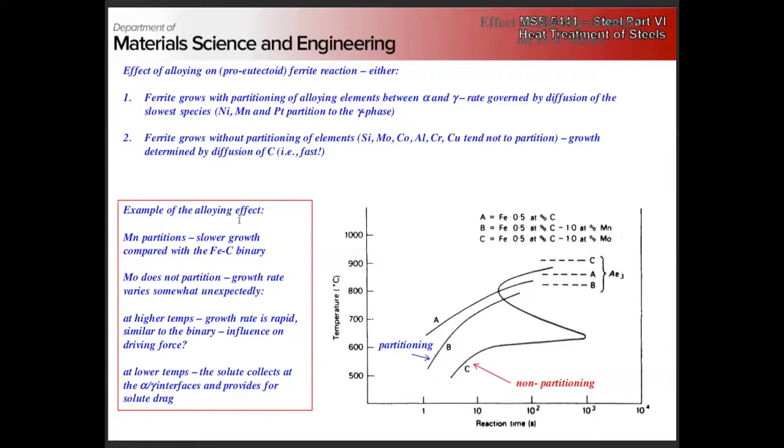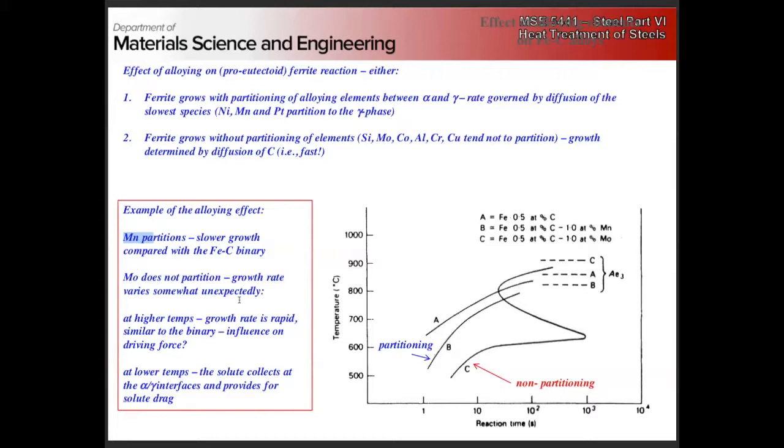But we have to consider the effect of the alloying on what type of ferrite reactions we're going to have, right? Manganese partitions, and it tends to slow the growth of ferrite compared to the iron-carbon boundary, right?